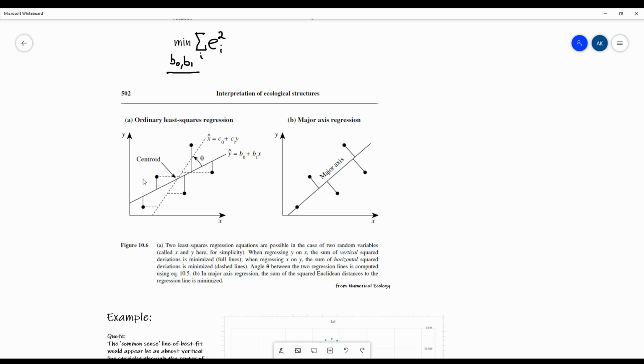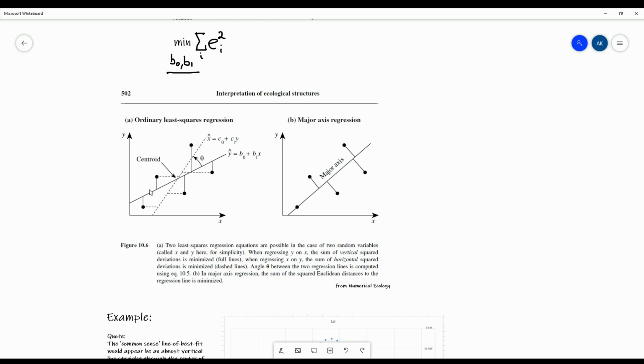What least squares minimizes is the deviations of the predicted versus the observed, and predicted is represented by the solid line on this figure 10.6a. The solid line is what is predicted, and the dots are observations.